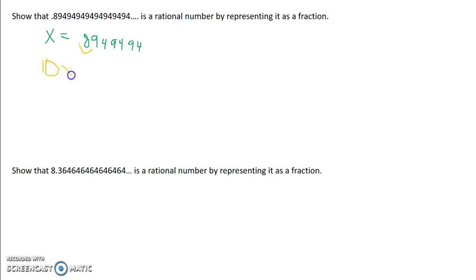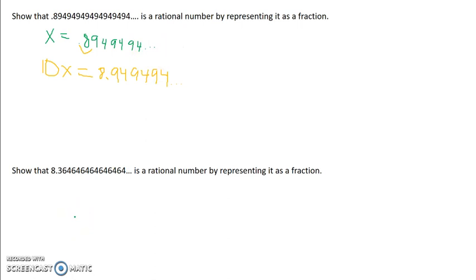So 10x is equal to 8.9494 and 94, dot, dot, dot. I keep forgetting to write my dot, dot, dot. But that's important because this is not a terminating decimal. It's a decimal that repeats. So we need to remember to put our dots.